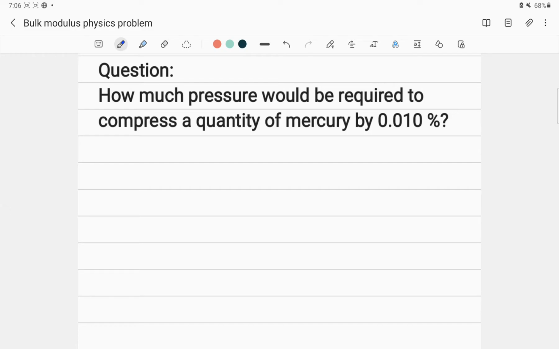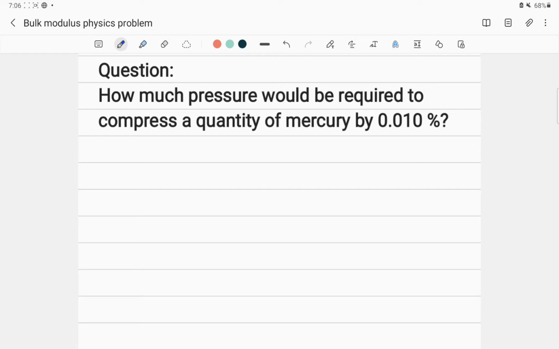So actually nothing is given. We have to find the pressure, and the material is mercury. What is the external pressure needed to have a compression of 0.01%? Because of the compression, the mercury will be contracted, compressed by 0.010%.